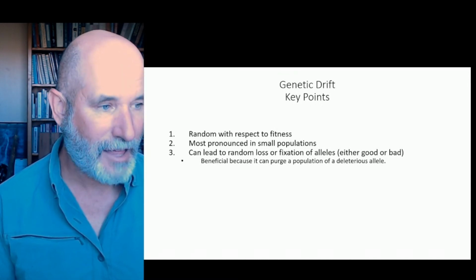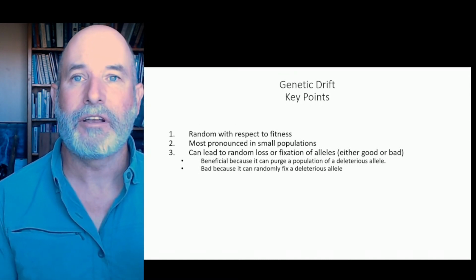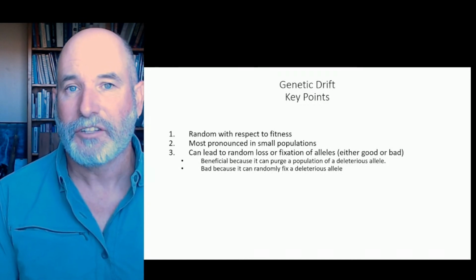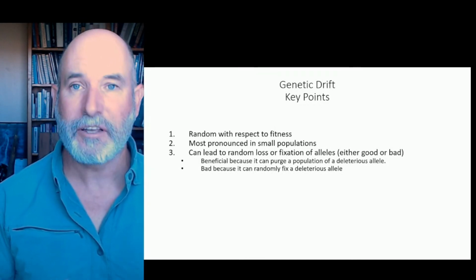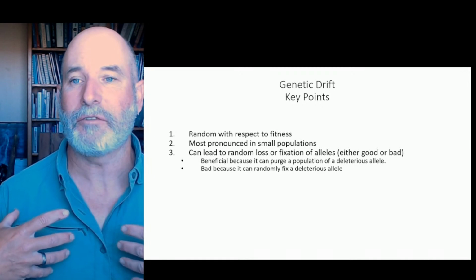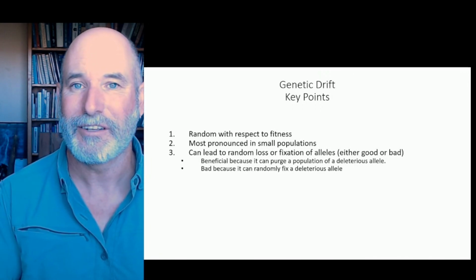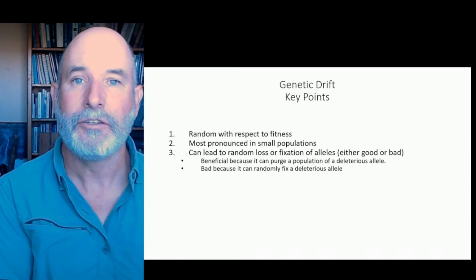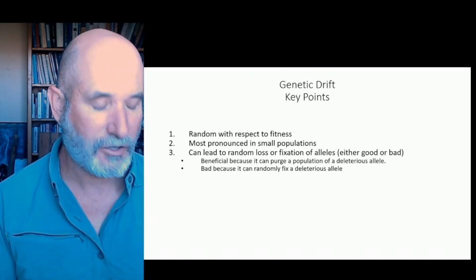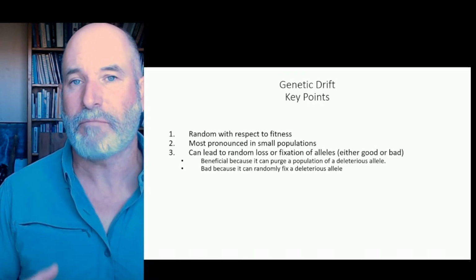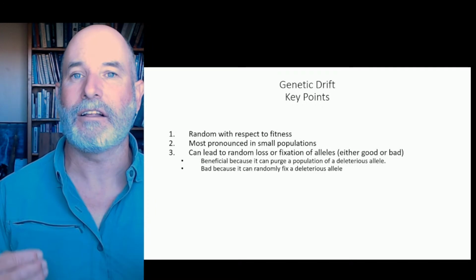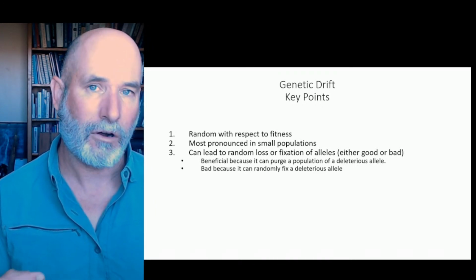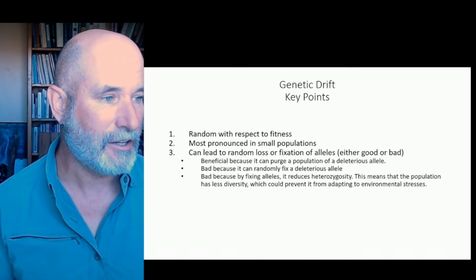But because this is a random process, genetic drift can also be bad, because just as easily as randomly fixing good alleles and purging the bad ones, you could also fix the deleterious alleles, and then the individuals in your population start carrying a higher load of these deleterious alleles.